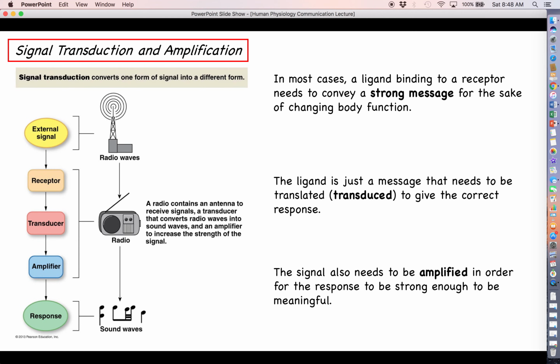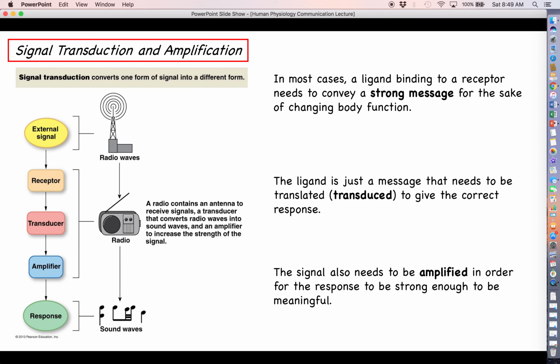But even after doing that, after transforming the signal into something that we can understand, the message is not going to be particularly strong. If you know anything about radio waves, especially AM radio waves, these radio stations do not broadcast at a particularly high wattage or power. So without an amplification mechanism, the message is going to be extremely quiet. We're not really going to be able to hear it.